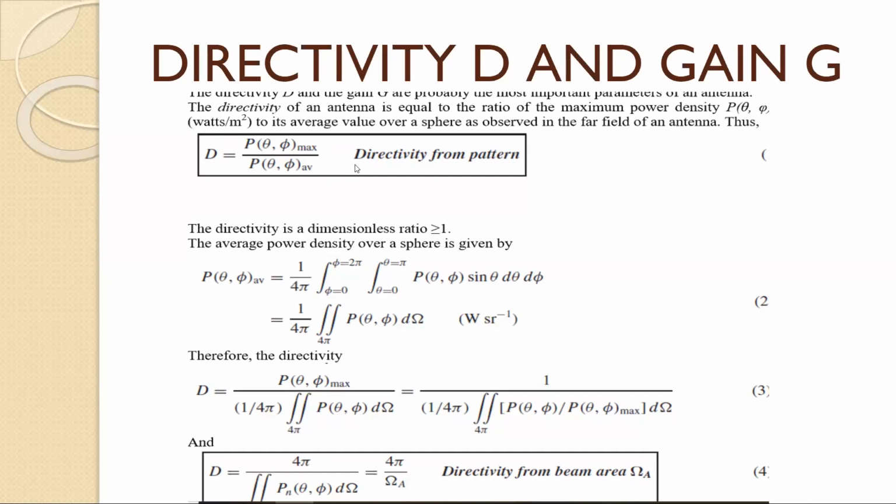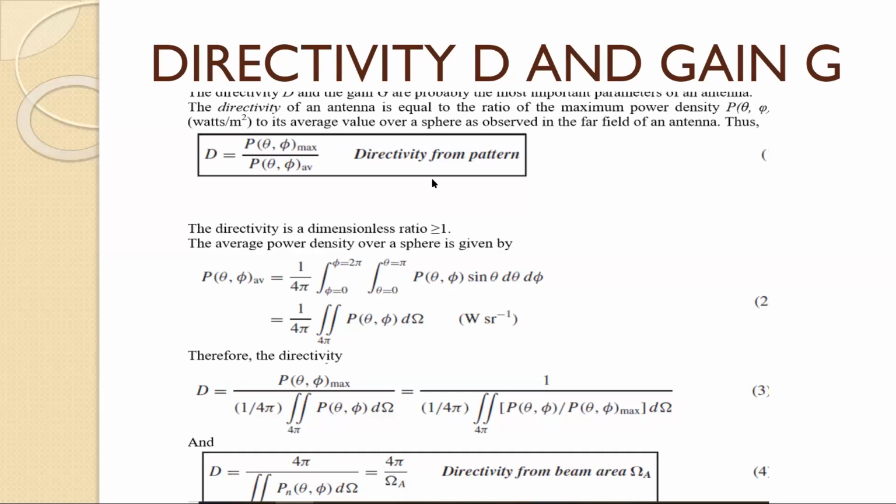This is called directivity for an antenna pattern. So note down in your books that directivity equals P of theta comma phi maximum value divided by P of theta comma phi average value.